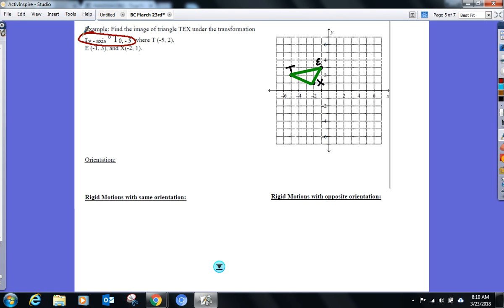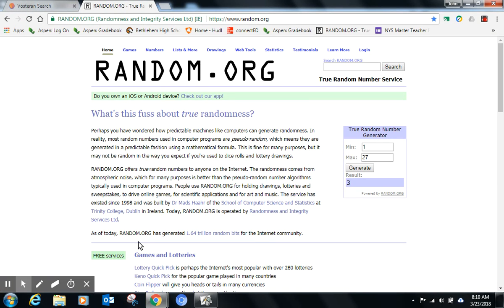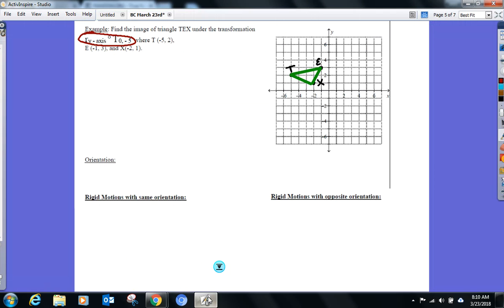According to the composition, what should I be doing to this triangle right now? And remember, we read these right to left. So first you have to translate over 0, down 5. Nothing right or left because there's a 0 there.